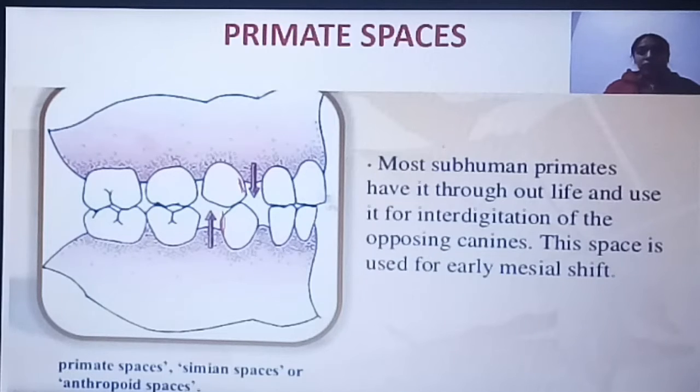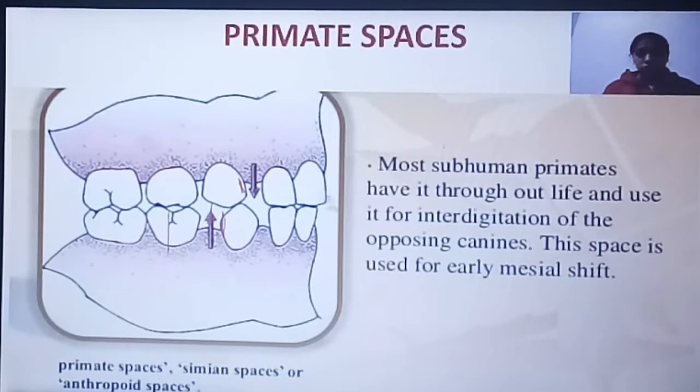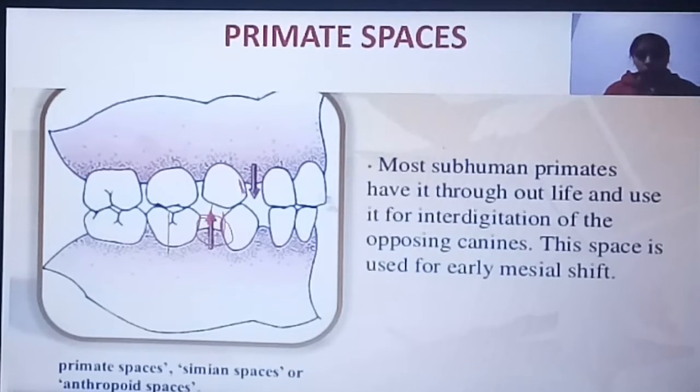Whenever there is the eruption of the first permanent molar, this space closes. So we can say that this space helps in the eruption of the permanent first molar. That is known as early mesial shift. We will learn more about this in the further slides.